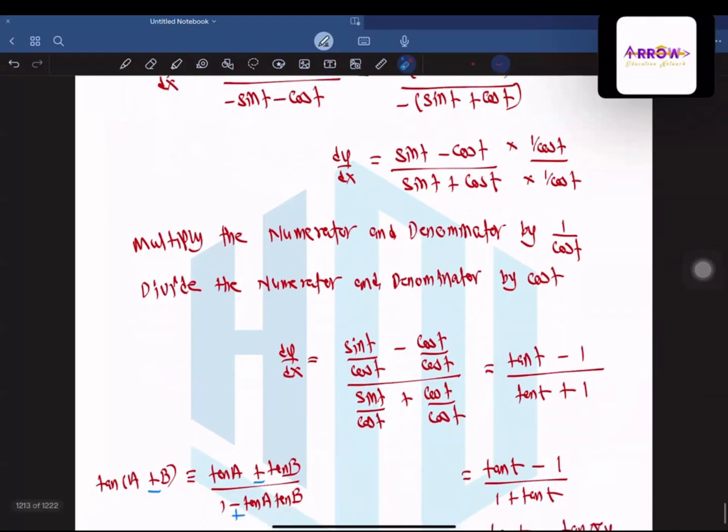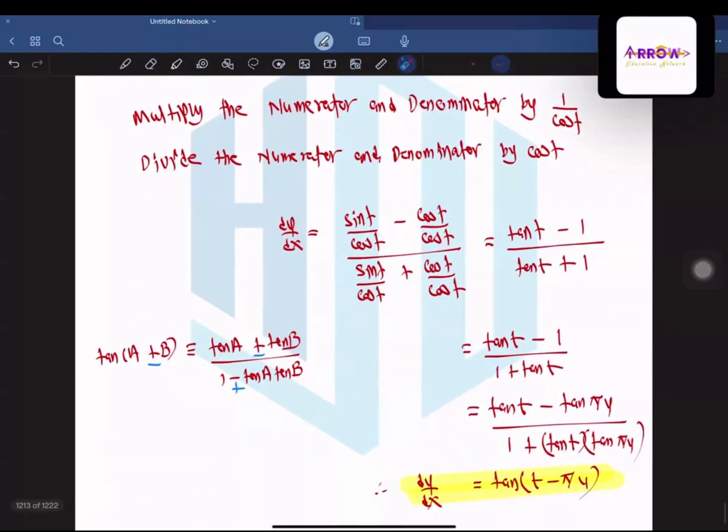And then we have successfully obtained it in the form of tan t. And then we have just made the comparison with the trigonometric expansion formula. So what I want you to understand is that in place of this one, I replaced tan pi over 4, but in place of this one, I did not replace tan pi over 4. Why? Solely because when you expand tan a plus minus b, here you get 1. And specifically, we are looking at the expansion of tan a minus b.